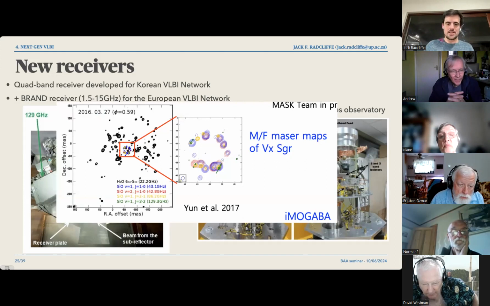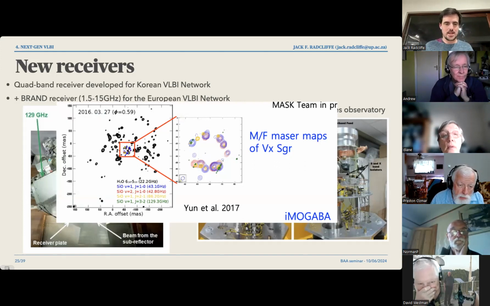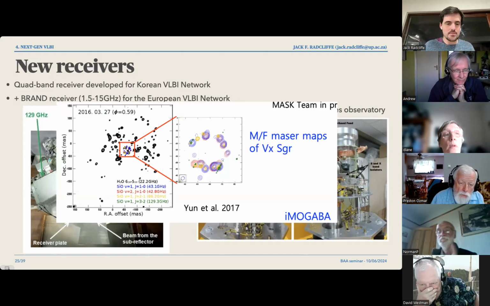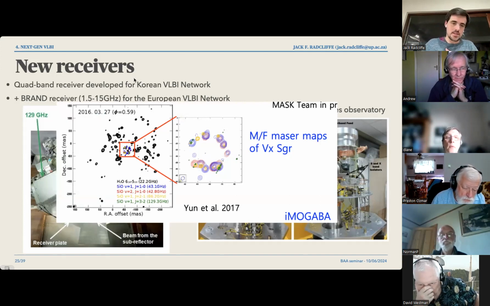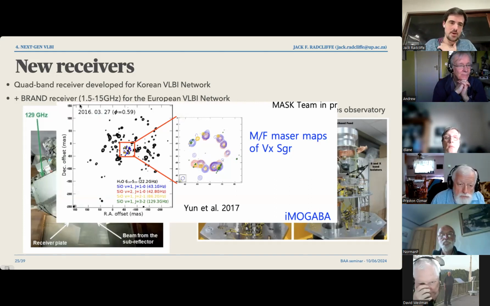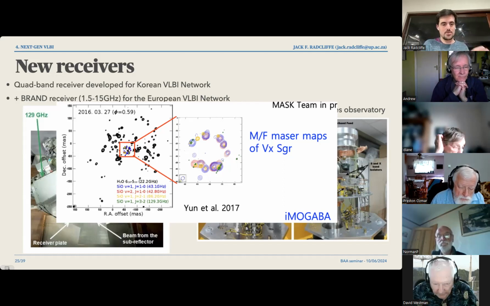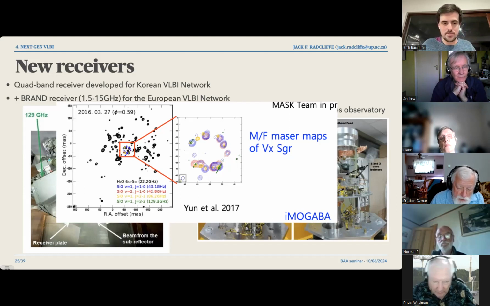And because masers like to change very, very quickly, this allows you to start understanding what the region around this protostar is doing at that point. So this is rather powerful. The other thing that's useful is that having these extremely wide bandwidths means that you can get extremely sensitive observations, or you can map how the emission is changing across a large bandwidth. And this is really important for every single part of the science that we do.